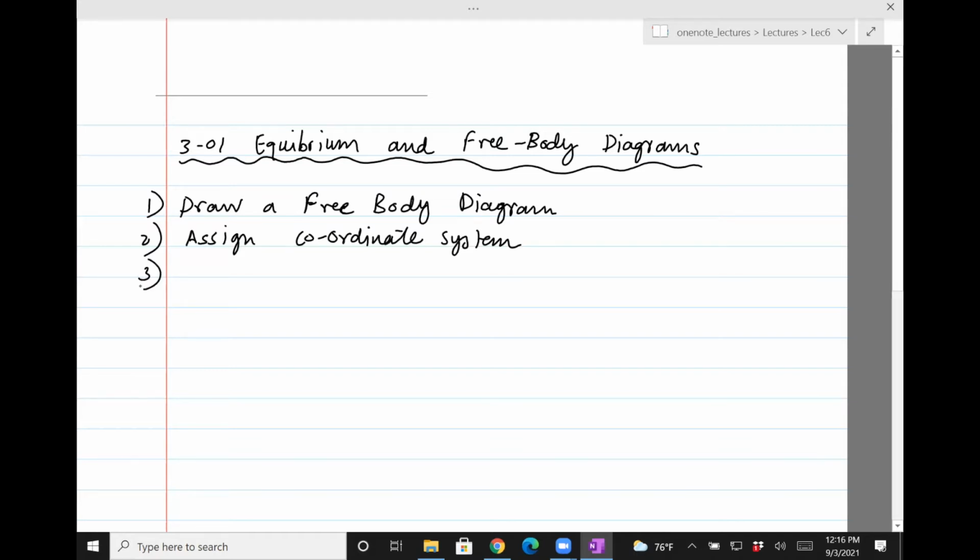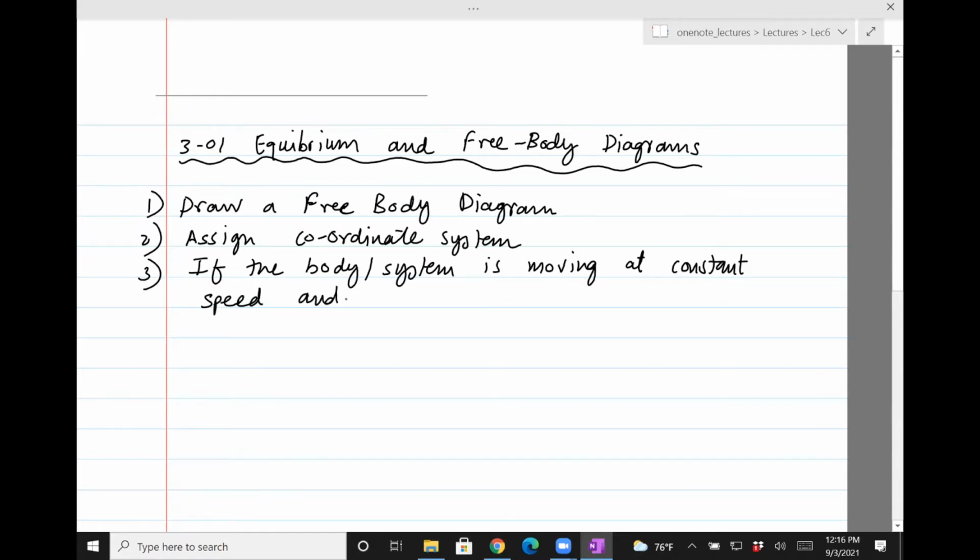The third step is the basic equations which are used to analyze a system in static equilibrium. So if the body or system, whatever you have there, is moving at constant speed and/or zero acceleration, okay, as long as it's not accelerating, you can use the following equations.